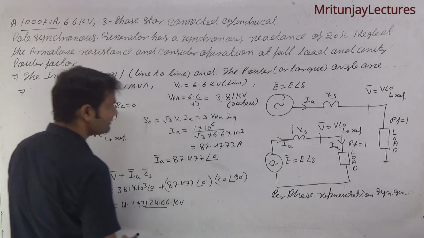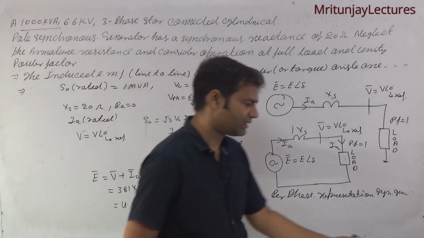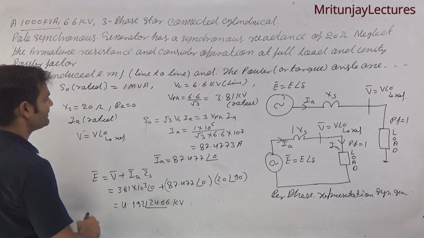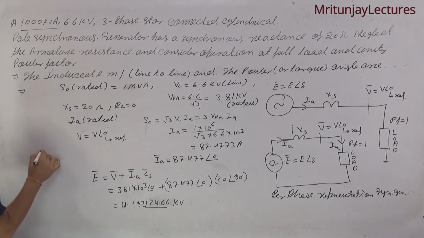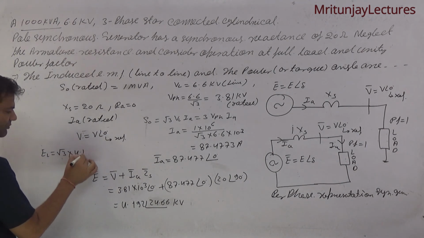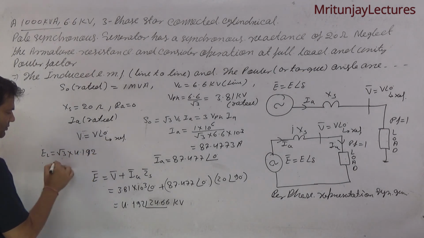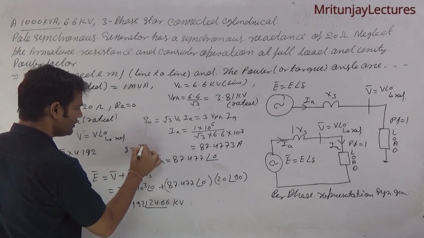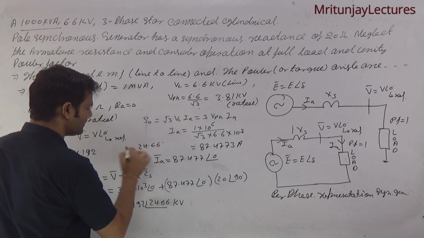If you want to determine the excitation voltage in terms of line voltage, EL is equal to root 3 times the per phase value, and delta is 24.66 degree.